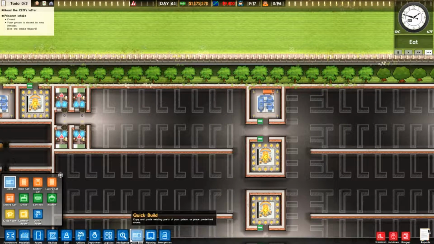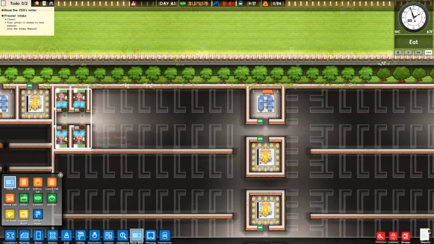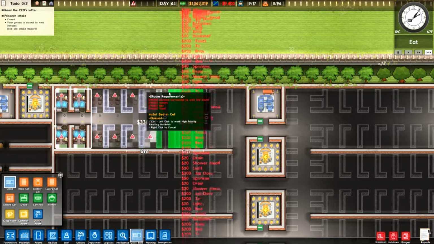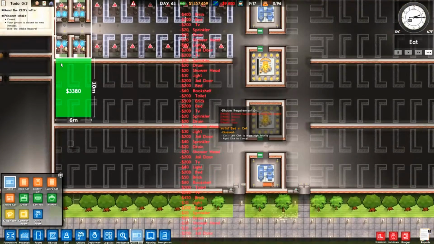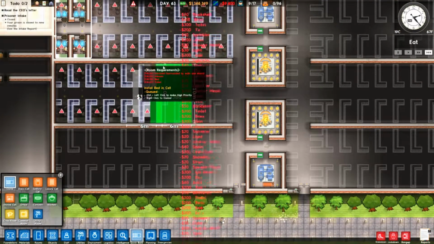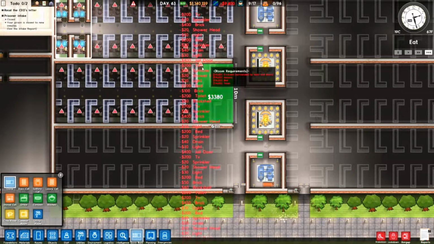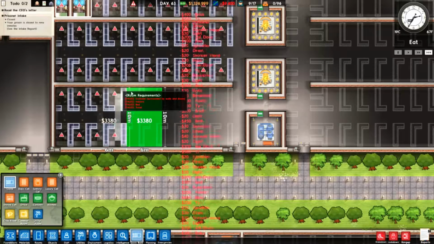So we're then switching to quick build and then going to clone, and just going to copy this block of 4 cells and place it all on this cell block.